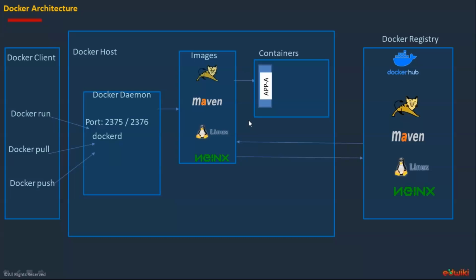Simply put, the application is configured as auto start during the container runtime. Is it the right statement? That means whenever you run a container, the application will be running automatically for you. You don't need to run the application manually. That's what it is.